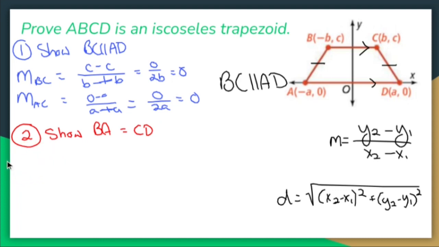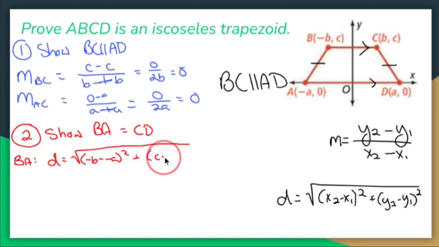Let's start out with BA and show that the distance of BA is a big square root of, let you be my 2's and you be my 1's, negative b minus negative a squared plus c minus 0 squared. Double negative makes a positive.